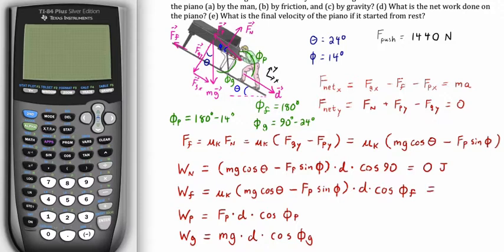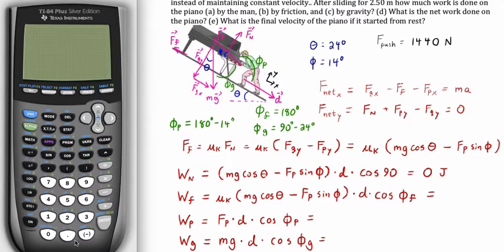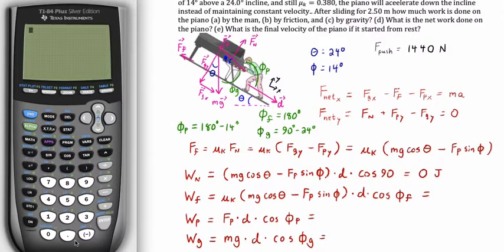So I'm just going to plug them into the calculator so you can see the values. If we take a look at the first one, the work of friction. Let's zoom in a bit. There we go.